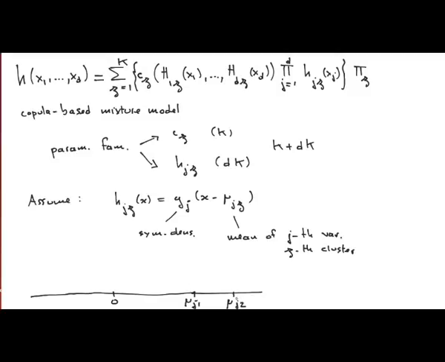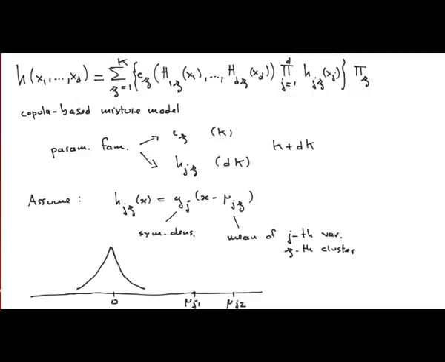So mu J2 is the mean of the J's variable in the second group, and mu J1 is the mean of the J's variable in the first group. Suppose that here I have GJ, a symmetric density, something like this.